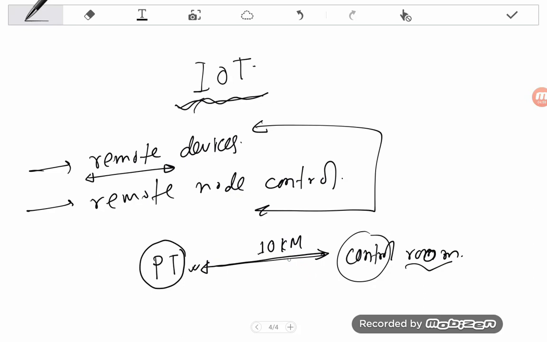So in this case, what we can do is we can connect a GSM modem with this pressure transmitter.